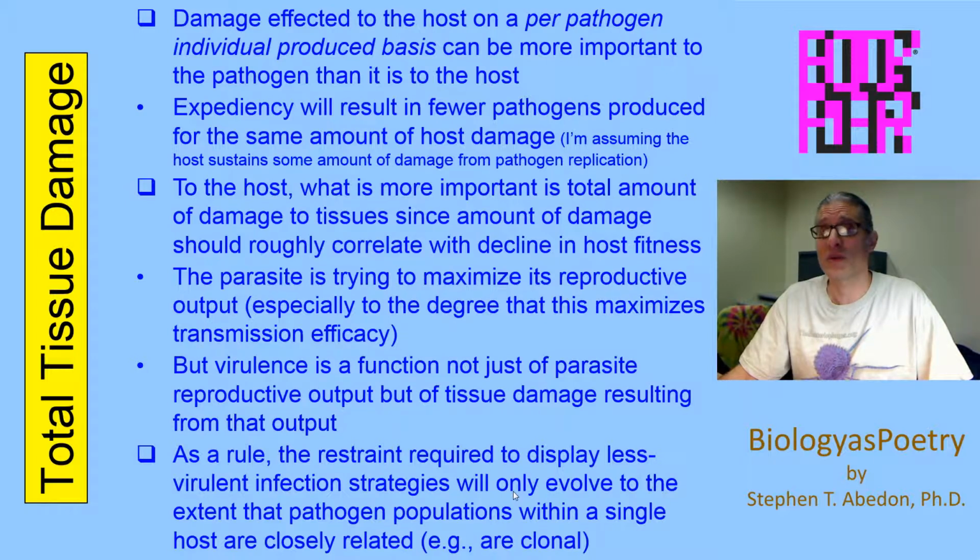As a consequence of this, you can have populations infecting different hosts competing against each other, and it will be those populations that are more effective at transmitting that will ultimately transmit more progeny.